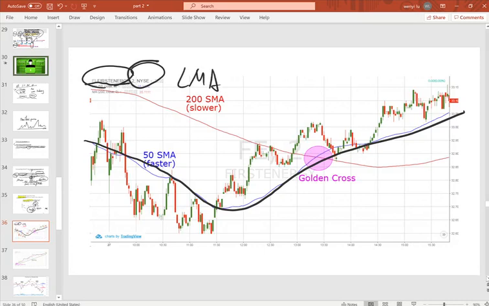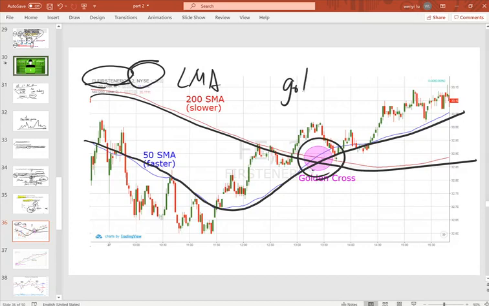So the short-term moving average crosses the long-term moving average, and this signals our golden cross. That means the stock price will move up quickly, so it's a good time to buy the stock.